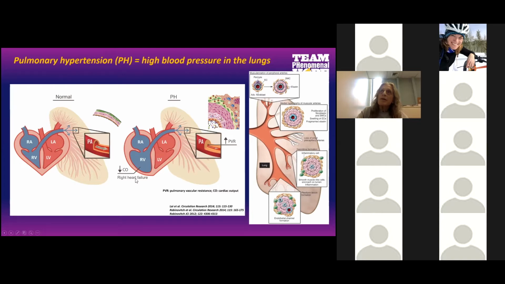And then also the right side of the heart has to pump harder to pump blood through the vessels. So eventually, over time, the right side of the heart becomes bigger but weaker, and then eventually it becomes right heart failure.